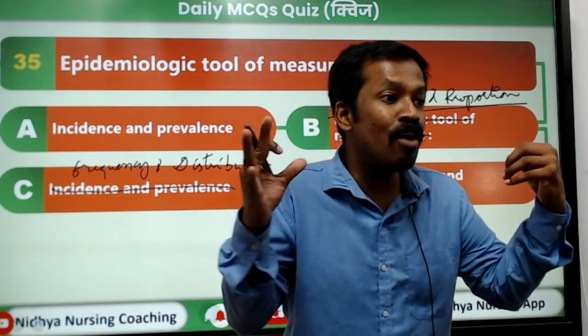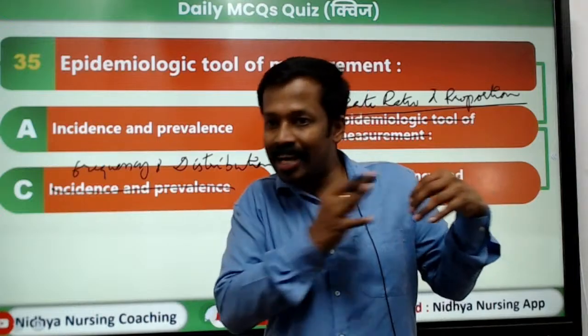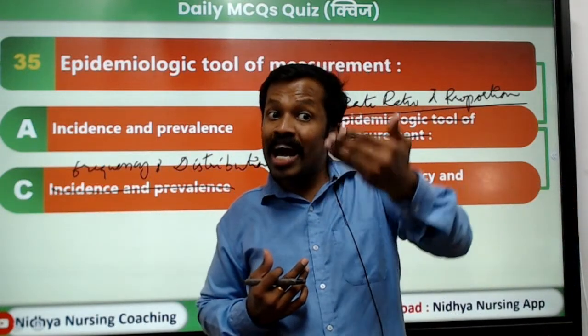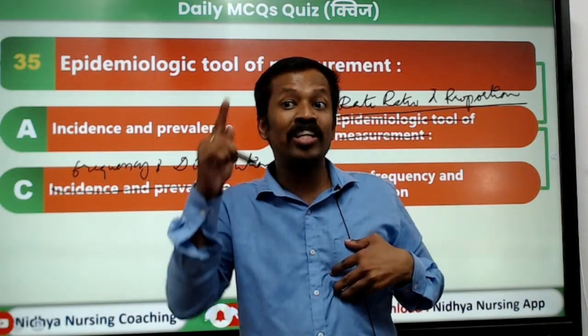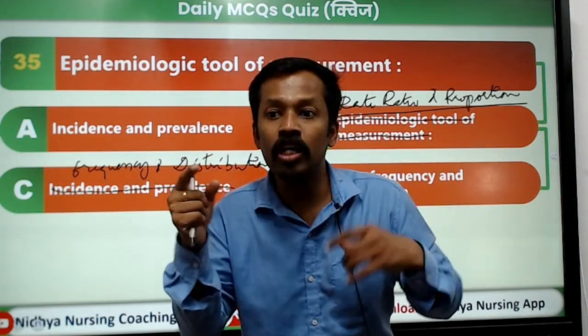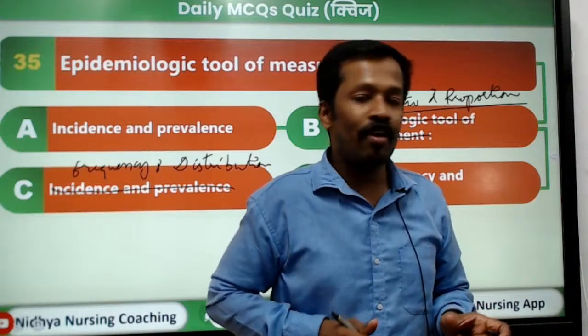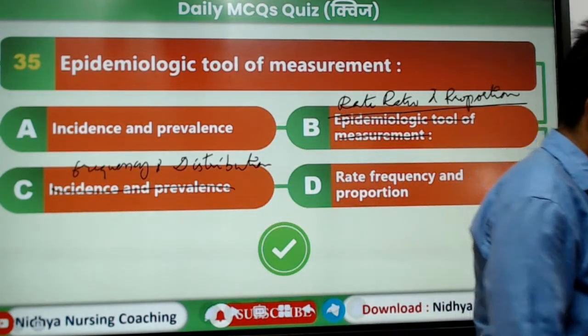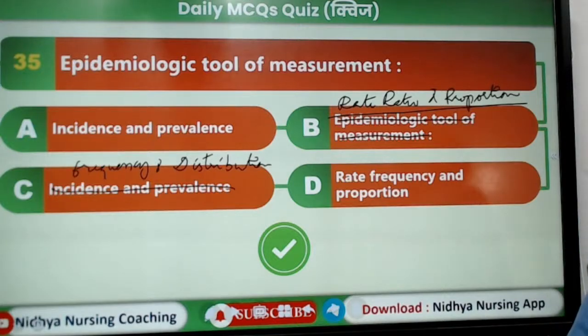The time of diagnosis is called window period. When the microorganism has entered and shows the first sign and symptom, that is called incubation period. Have you got the difference? Uma Devi, Susmita, have you got it?